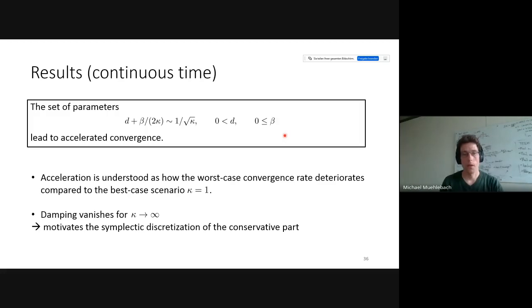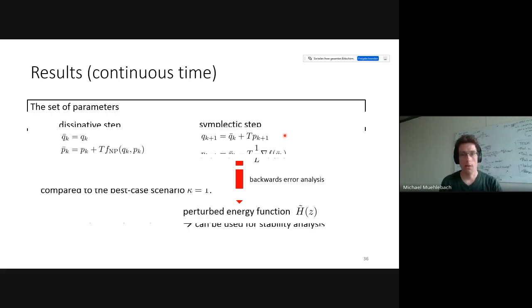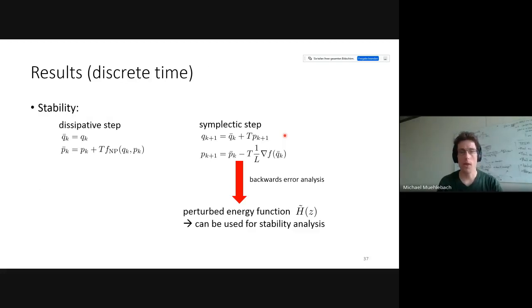And now the interesting thing is that we can use this mechanical or physical model that I showed you to apply essentially the same type of analysis in discrete time.